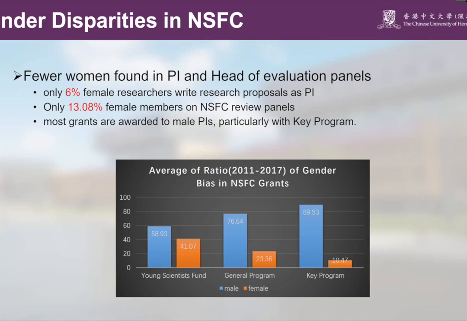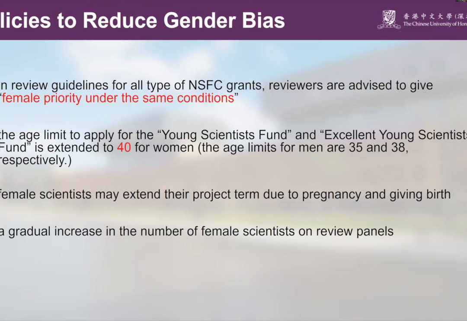So this is written in every program that's funded by NSFC. In the review guidelines, female priority under the same conditions: if everything is equal, then proposals from female PIs will win out.